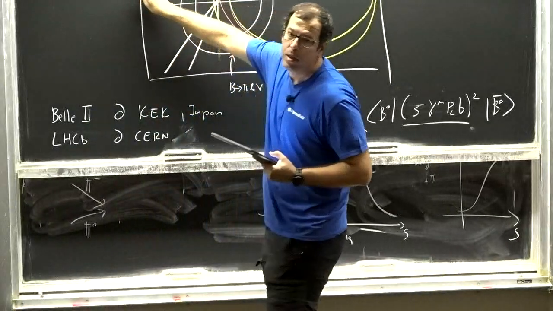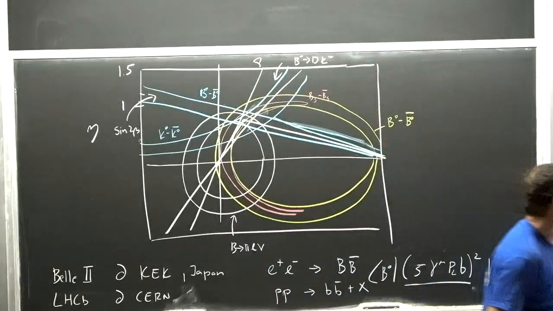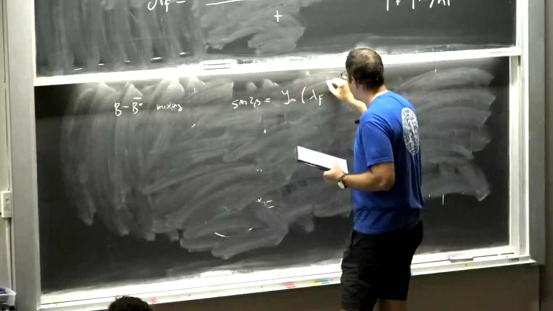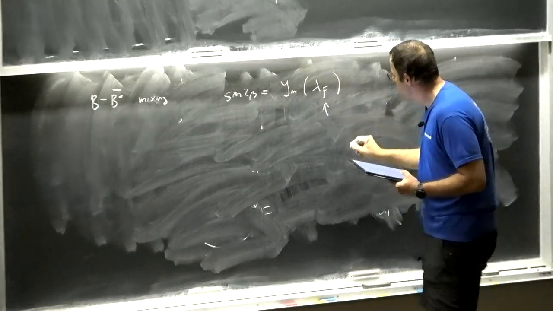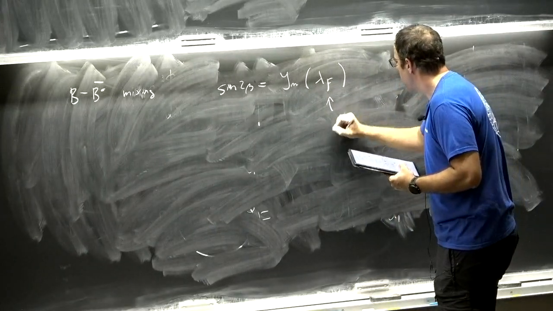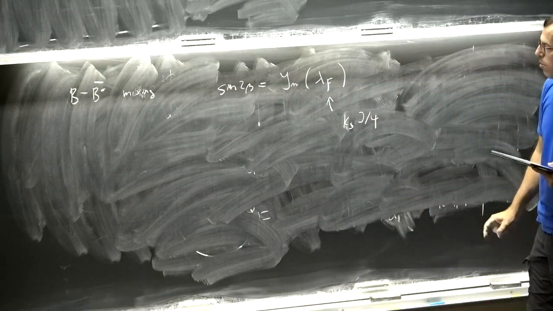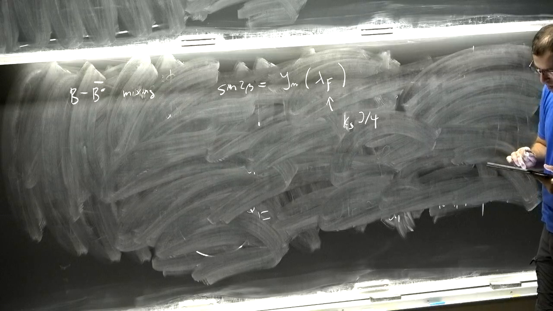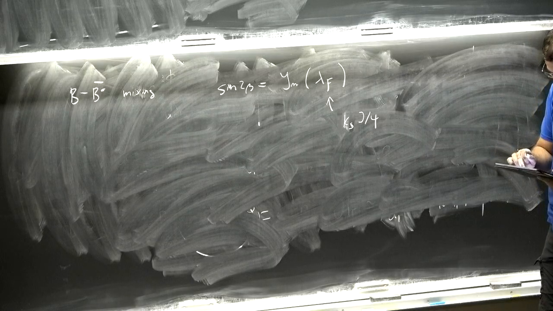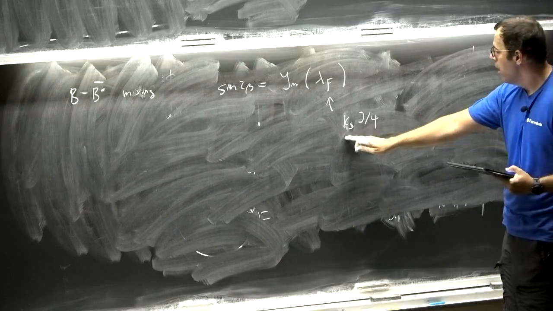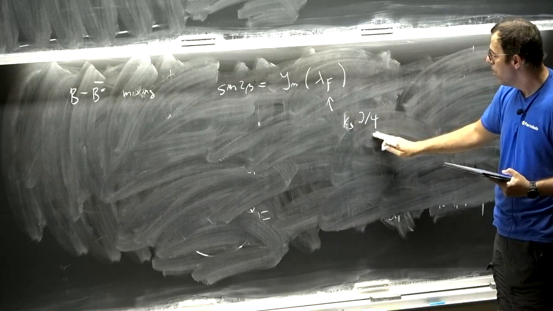Beta was this angle in the CKM unitarity triangle. Sine 2 beta is the imaginary part of lambda_f, where you are smart and you pick f to be K short J/psi. Why you want to do that is because it's dominated by just one transition.